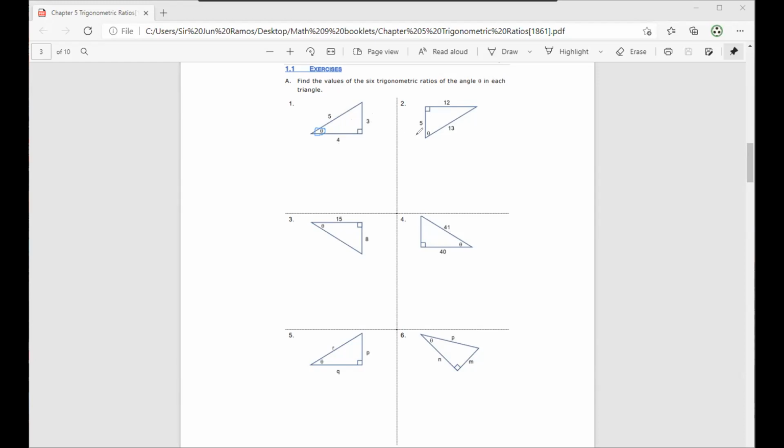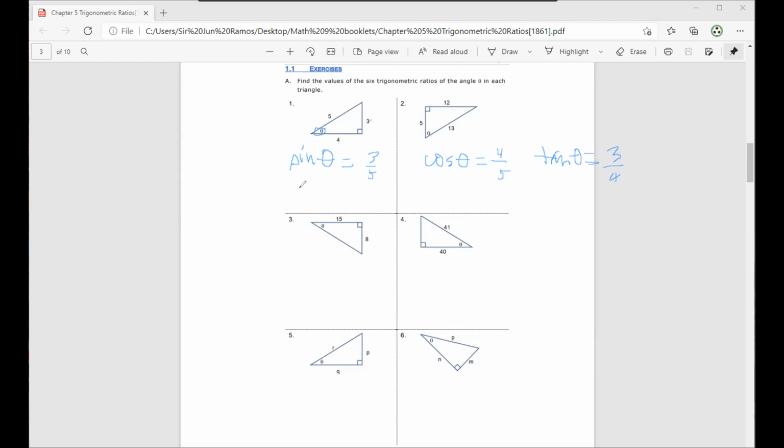So, similar to the example, what is now sine theta? Sine theta is opposite of theta, that's 3 over 5. And what about cosine theta? Cosine theta is adjacent over hypotenuse, 4 over 5. And then tangent theta here will give me what? 3 over 4.